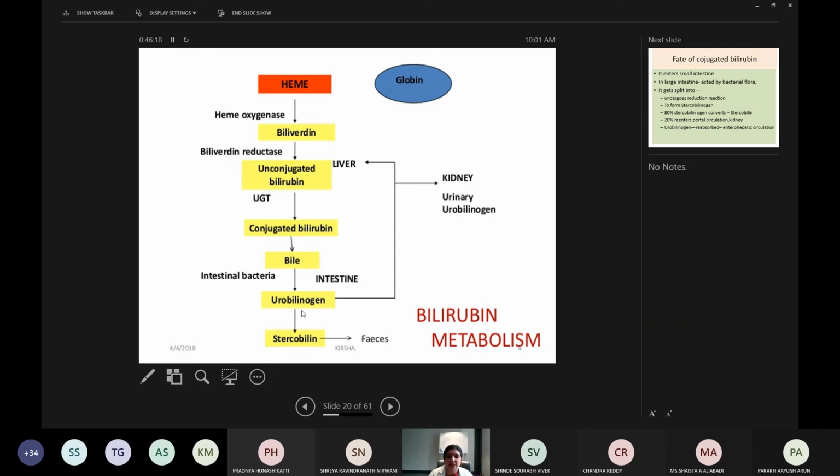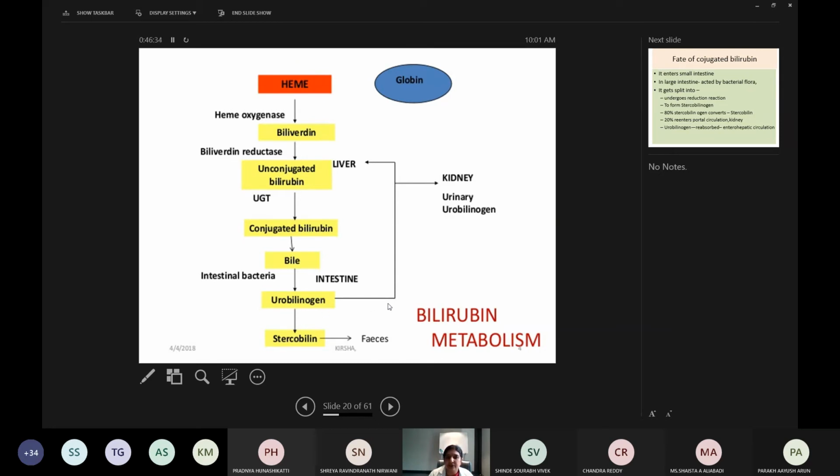These steps occur in the liver hepatocyte. Then when bile enters the small intestine and the colon, the bacteria present in the intestinal colon convert it into urobilinogen and stercobilinogen.